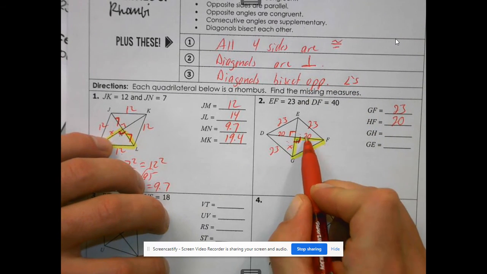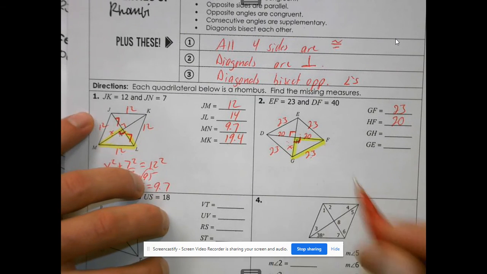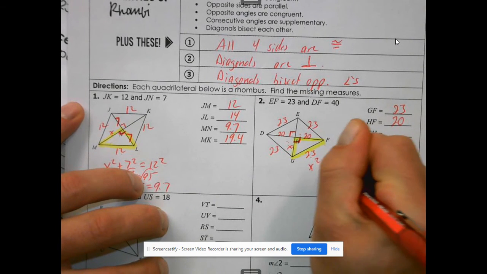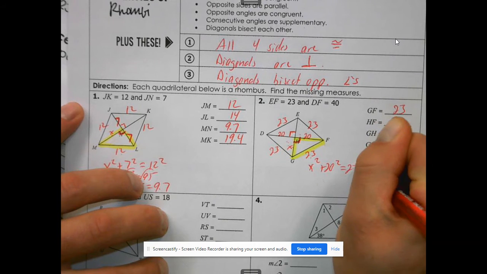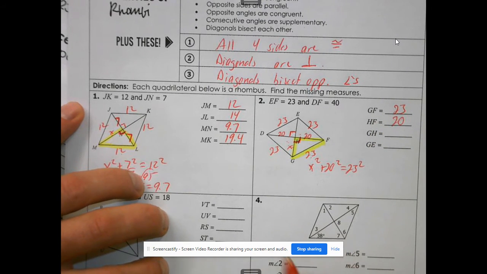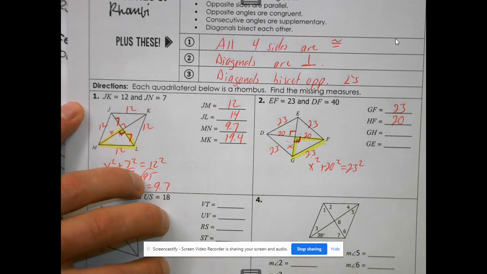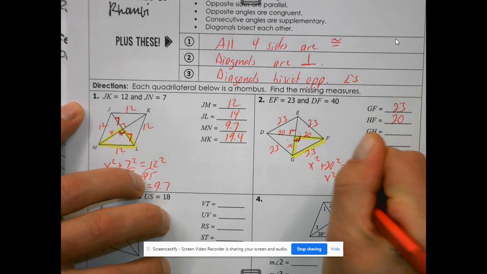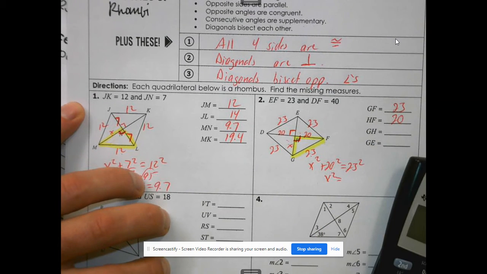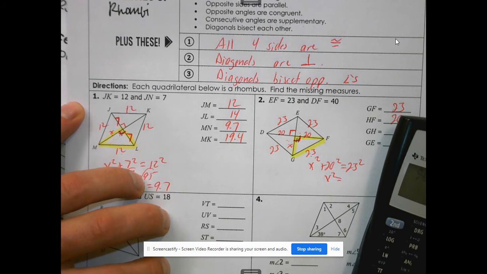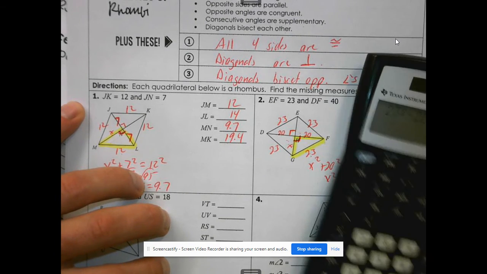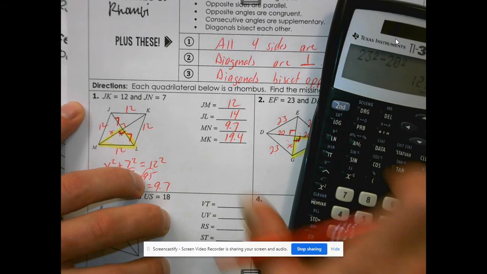A squared plus B squared equals C squared. X squared plus 20 squared equals 23 squared. Subtract over the 20 squared. Let's see here. 23 squared minus 20 squared comes out to be 12.